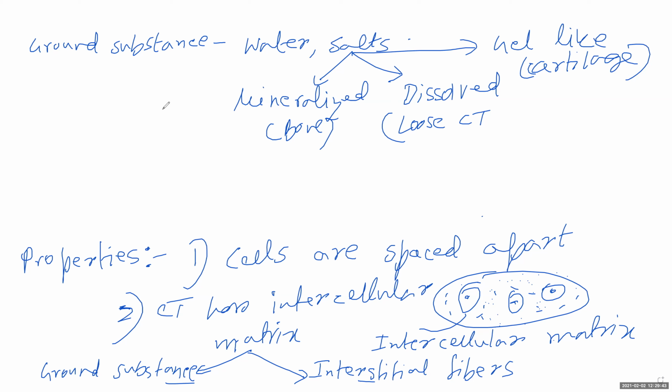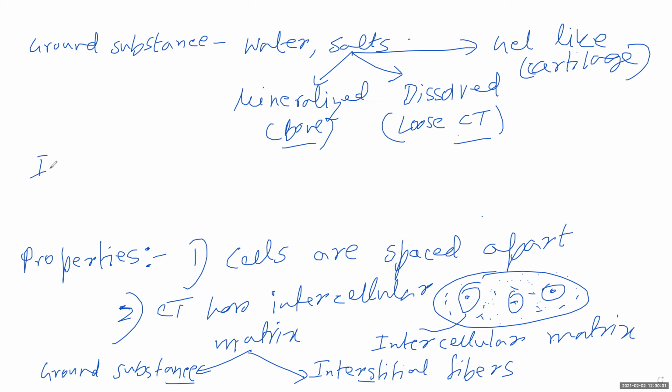So the ground substance, based on what it contains, is it gel-like, chondroitin sulfate, or does it have hydroxyapatite in case of bone, or does it just have regular different ions, as in case of loose connective tissue?